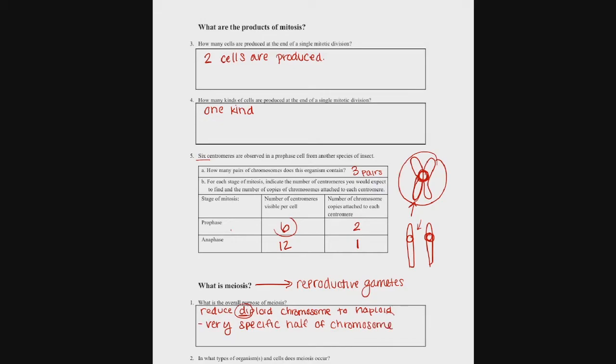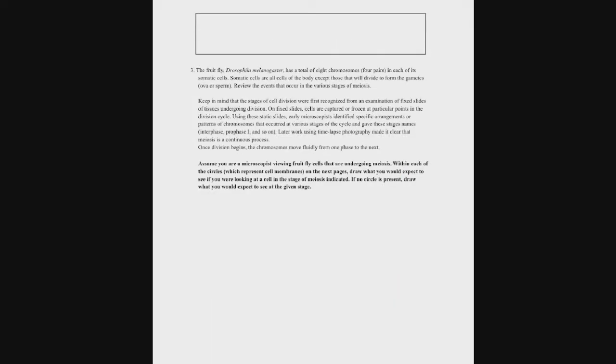The box for question 2 is on the next page, but I'll just go ahead and read it. It says, in what types of organisms and cells does meiosis occur?